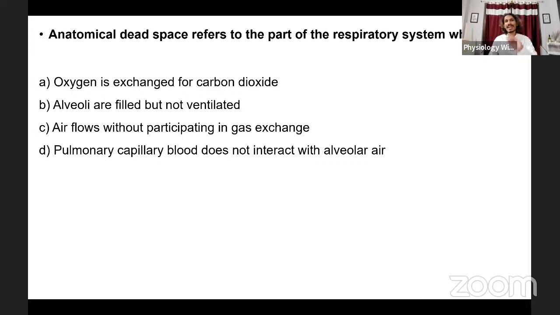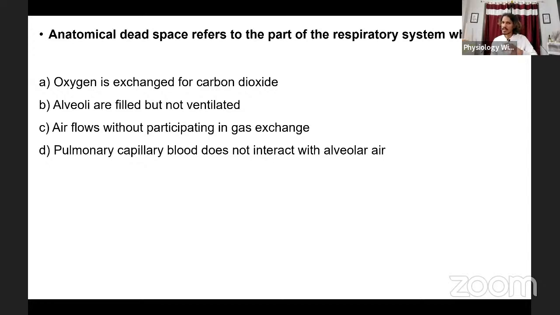Out of that, anatomical dead space is that part of dead space which is due to some anatomic thing. What is that anatomic thing? Your whole tracheobronchial tree is divided into two components. One is the conductive zone. The main function of it is to just transmit things from outside to inside. And then once it reaches the respiratory zone, it can go into diffusion.